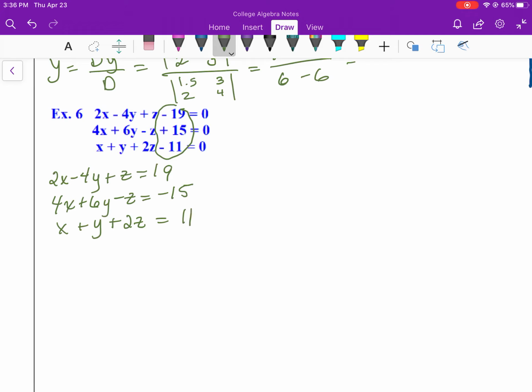Okay, so 2x minus 4y plus z is 19. 4x, 6y, I'm just making sure I've got all my signs right. I don't want to have a sign mistake right off the bat.